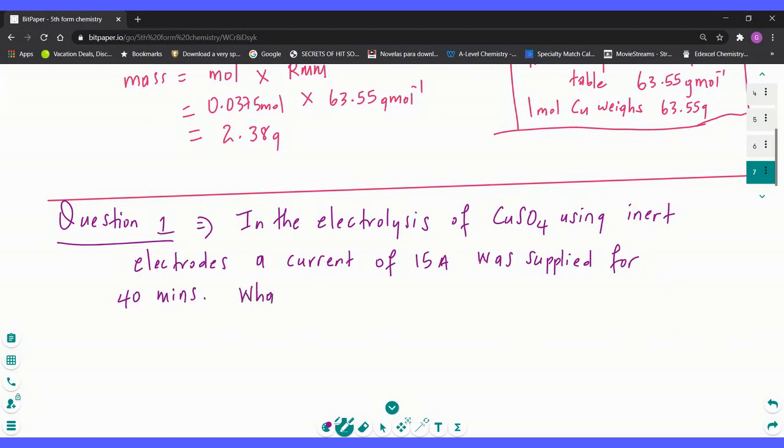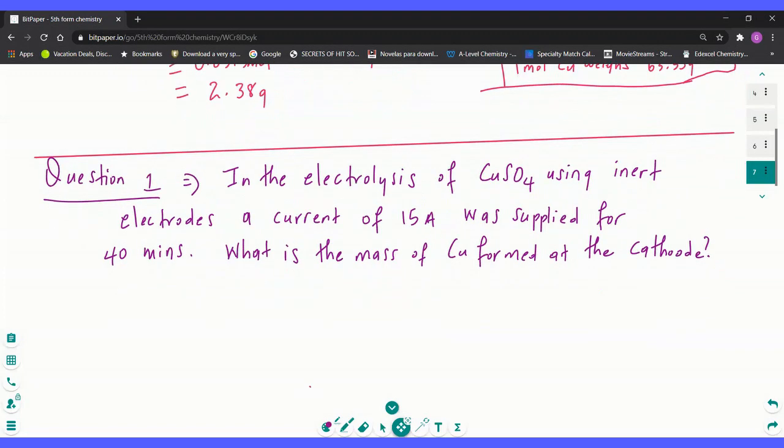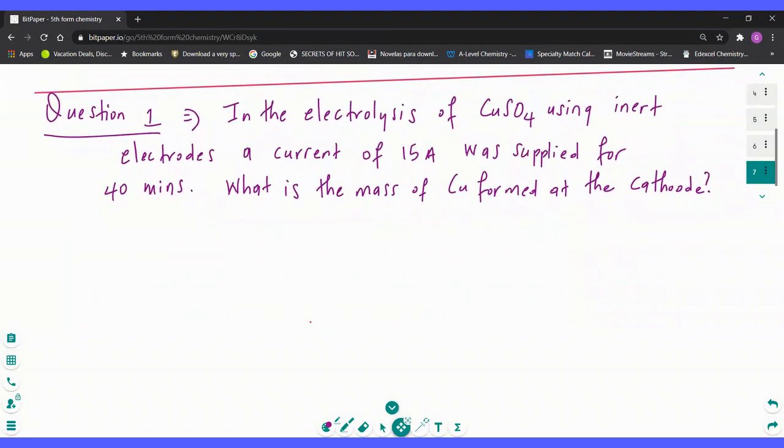What is the mass of copper formed at the cathode? This is how a question is going to come at you. So let me allow you to copy the question and let us see how we're going to maneuver it.